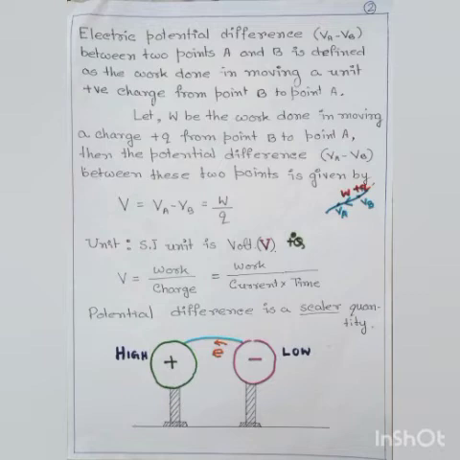We already discussed in our first class: if any object loses electrons, it will become positively charged, and if any object receives free electrons, it will become negatively charged. Which one is negatively charged? The one with an excess amount of free electrons. So if we connect these two objects, what will happen? The excess free electrons, which are free to move, will move from negative to positive.